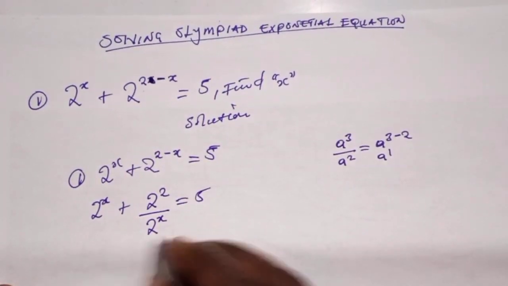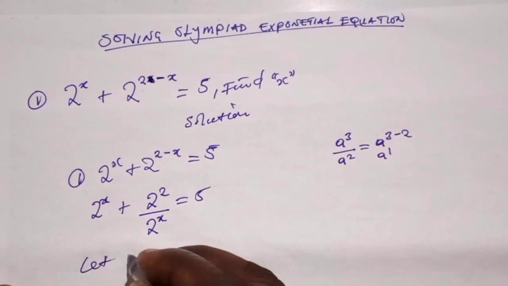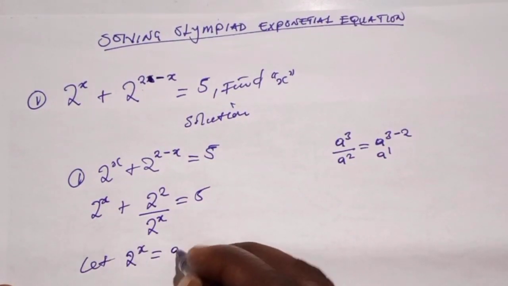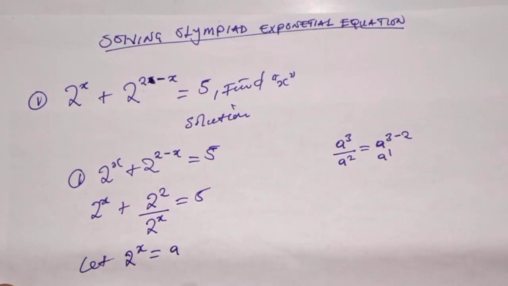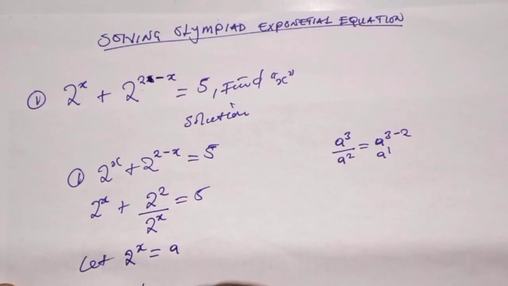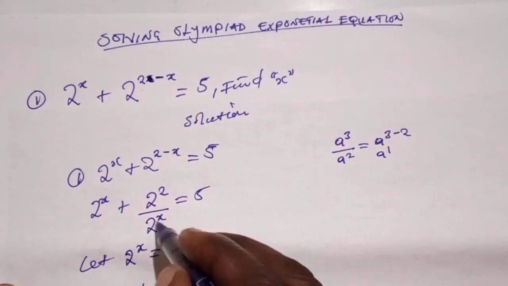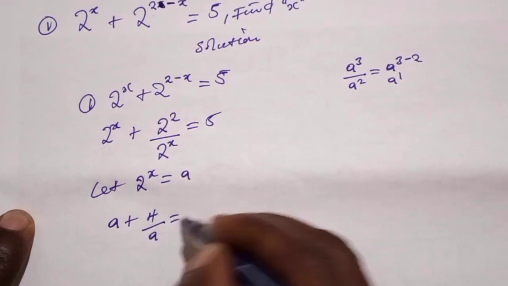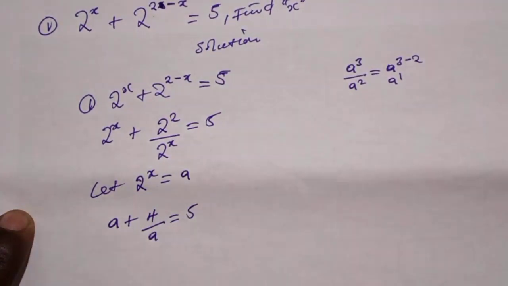Then here, this is where we write 2 to the power x to be equal to a. So we have to substitute 2 to the power x with a. Here we have 2 to the power x, which is a, plus 4 over 2 to the power x, which is a, equals 5.